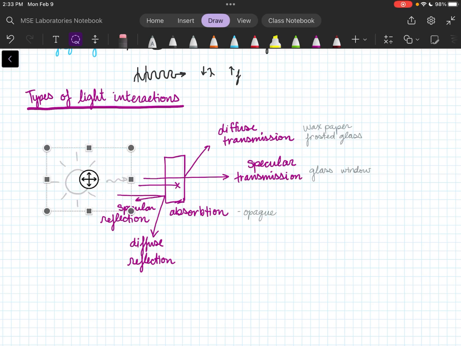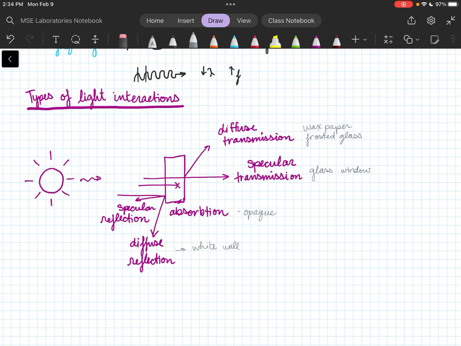Diffuse reflection, and actually I'm going to move my sunshine over because I have not left myself any room here. Diffuse reflection is going to be something like a white wall or a desk or anything that we can see with our eyes, but we can't see details in.